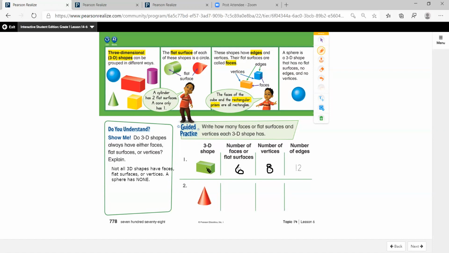You can see we have 1, 2, 3, 4 corners on top. We can see 1, 2, 3 on the bottom, but we know that there's a matching corner back here. Opposite of the 4 on top, we have 4 on the bottom to make 8.